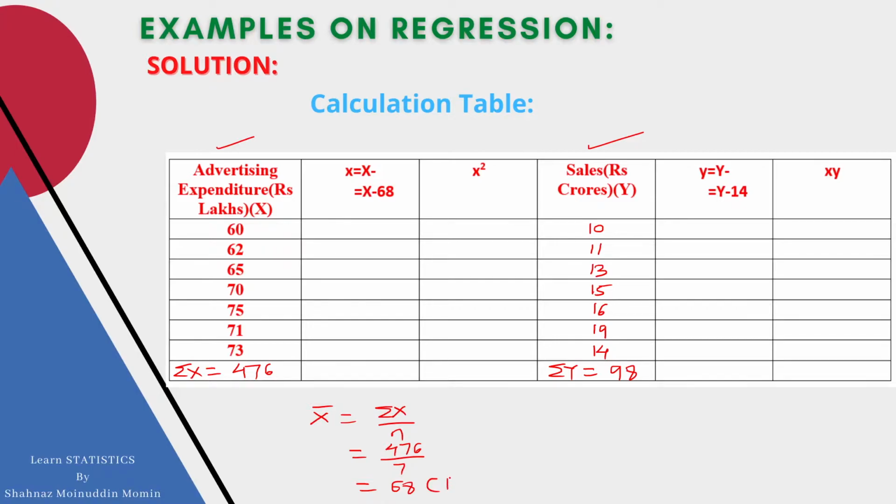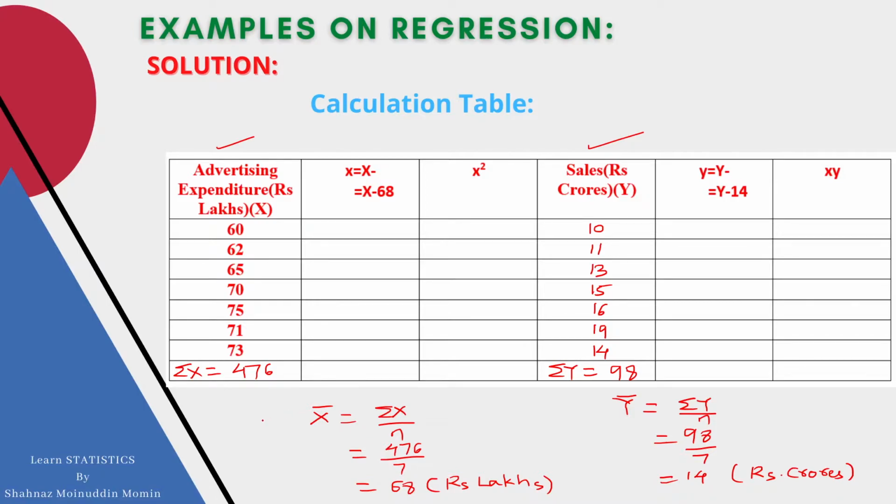that is equal to 68 in rupees lakh. Similarly, the mean Y bar is equal to summation Y divided by n, which is equal to 98 divided by 7, that is equal to 14 rupees crores.